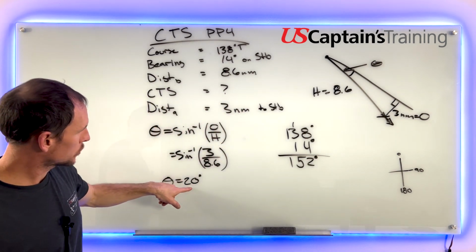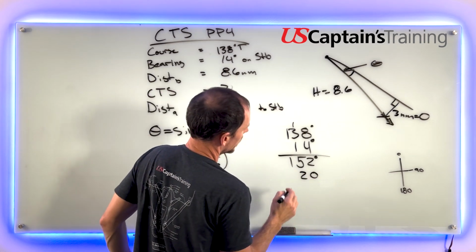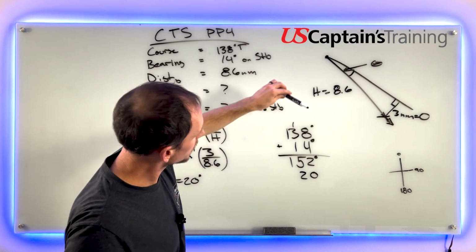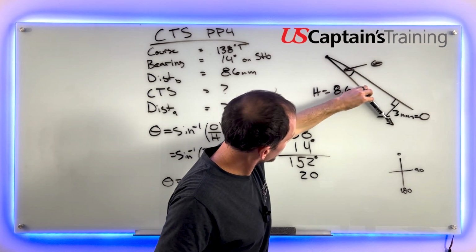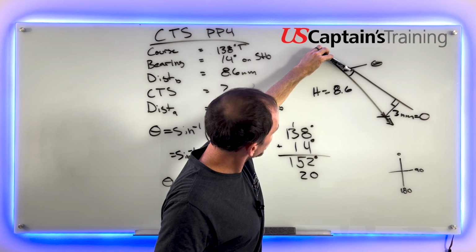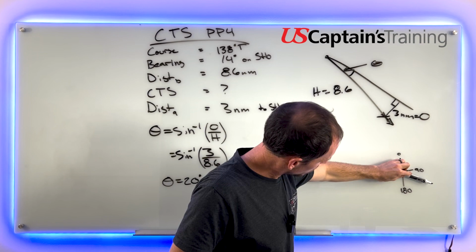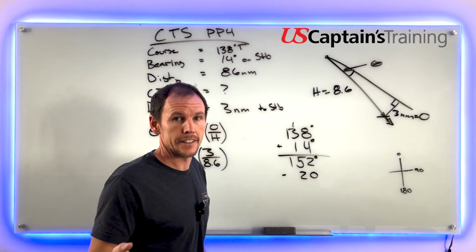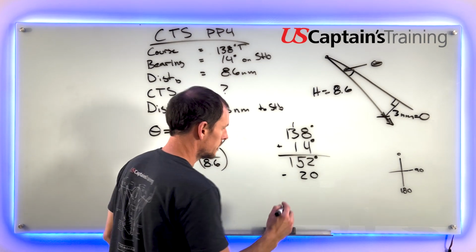And we have this 20 degrees that we have to account for. What do we do with that? We added this one. But if we leave that thing to starboard, so now we're here, we're pointed right at our light, and we need to leave it to starboard. What do we do? We correct our course this way. So we're correcting this way. What's happening? We're going towards 90. We're going to subtract. This is actually the hardest part of this problem, is keeping straight if you add or subtract these.